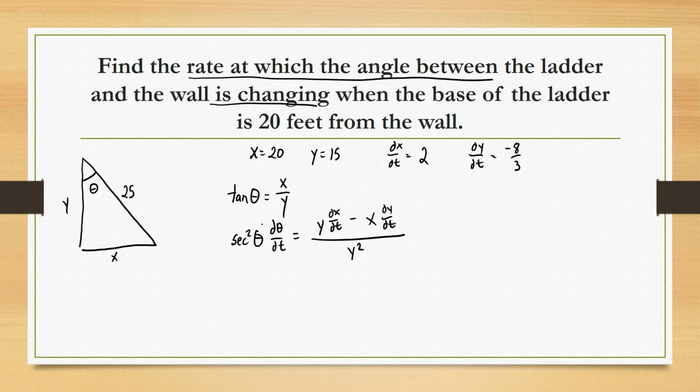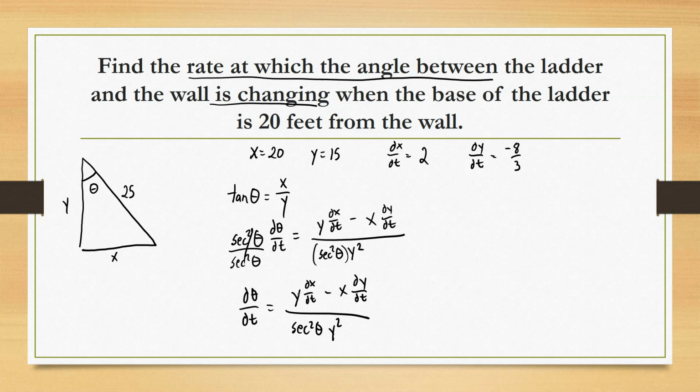Now, we need to get rid of this secant squared because we want the d theta/dt by itself. So I'm going to divide by secant squared theta, which is just putting it on the bottom of the fraction. And now I have that d theta/dt equals y dx/dt minus x dy/dt all over secant squared theta times y squared.